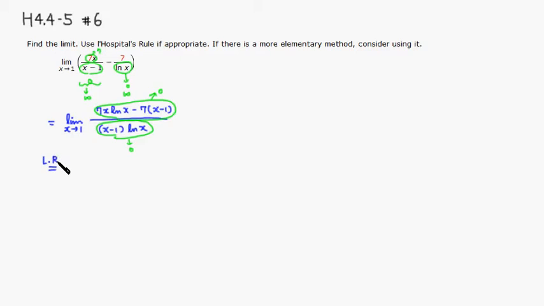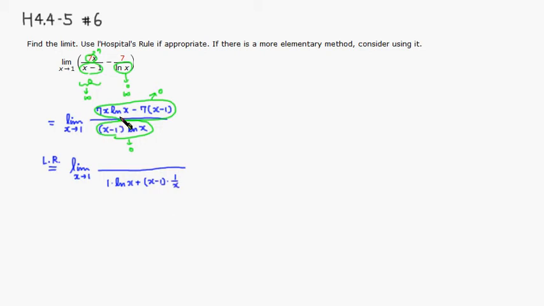We get, so you still have the limit as x approaches 1. We have to take the derivative of the denominator using the product rule. Derivative of the first is 1 times the second, plus the first, x minus 1, times the derivative of the second, which is 1 over x.